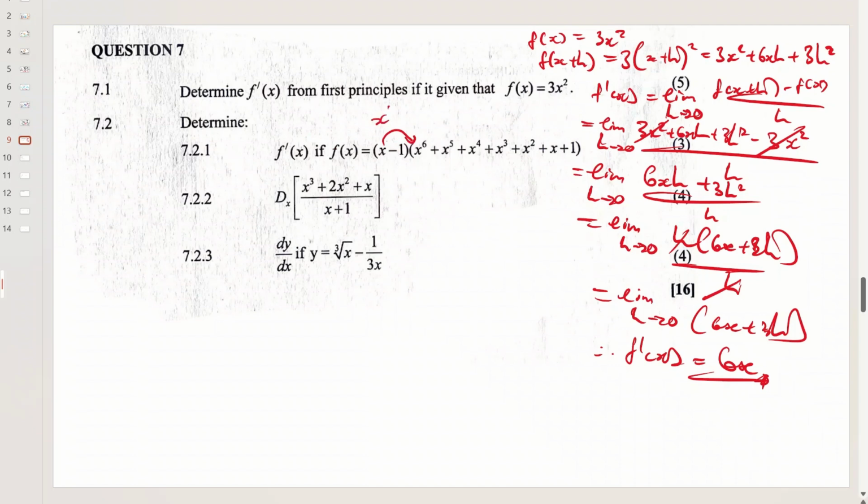You'll have x to the 7, x to the 6, x to the 5, the same base, using the product of powers method, x to the 4, x cubed, x squared, x, then negative x to the 6, negative x to the 5, negative x to the 4, negative x cubed, negative x squared, negative x, negative 1.